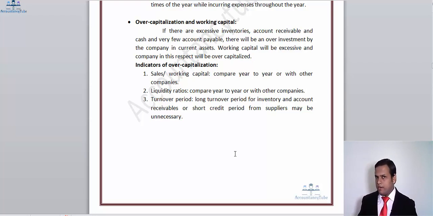We are giving extended credit to our customers and putting a lot of cash on premises or in the bank account, and we are paying our suppliers very soon, instead of paying later, despite the fact that we have got a credit facility. So a lot of funds are stuck in this operation.